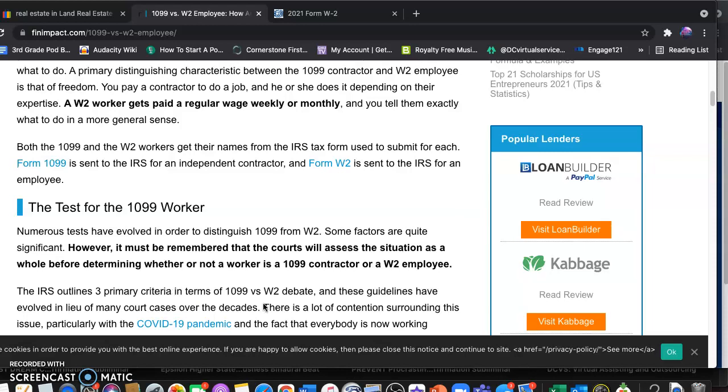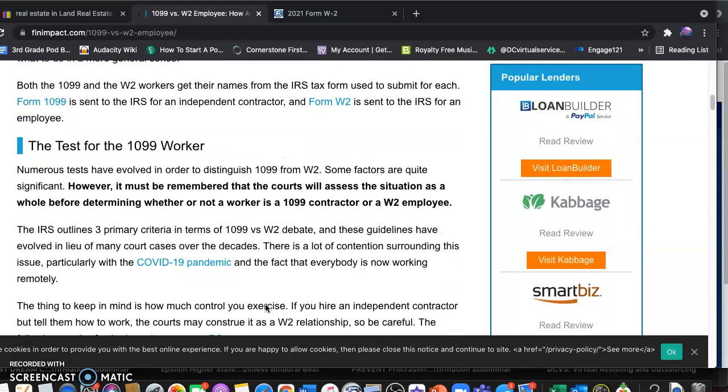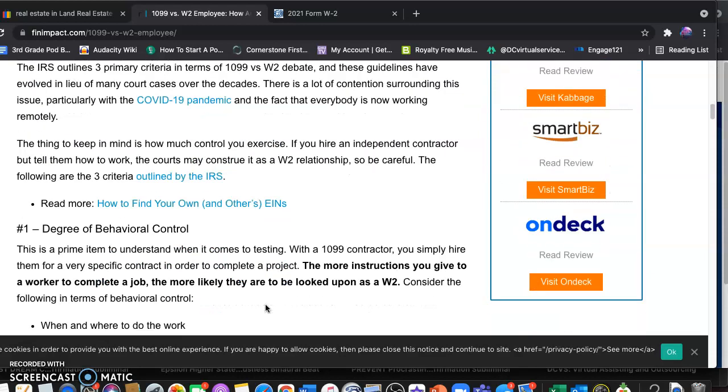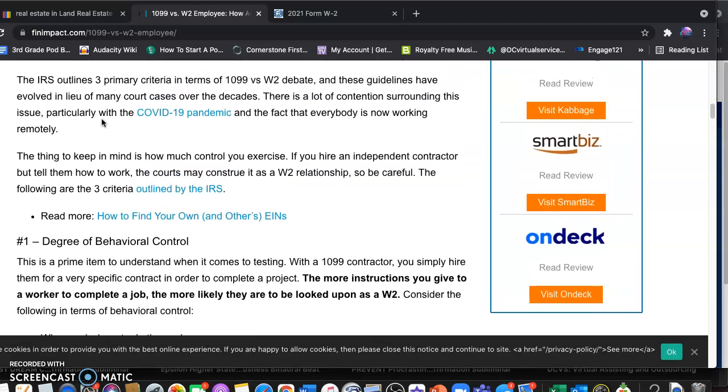The IRS actually uses an outline of three primary areas in terms of the 1099 and W-2 employee debate. And again, this is particularly due to the COVID pandemic.